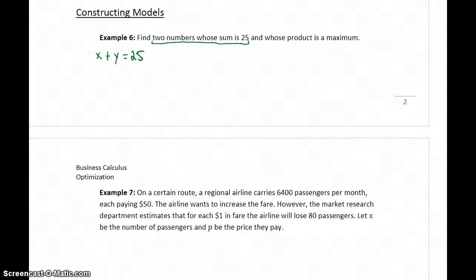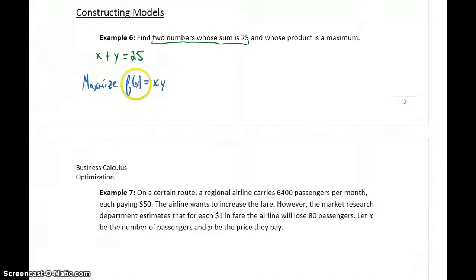What we want to do is find their product to be a maximum. So that means we want to maximize a new function that we're creating, f of x, which is the product of those two values.